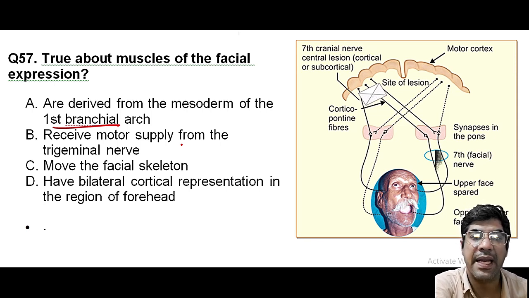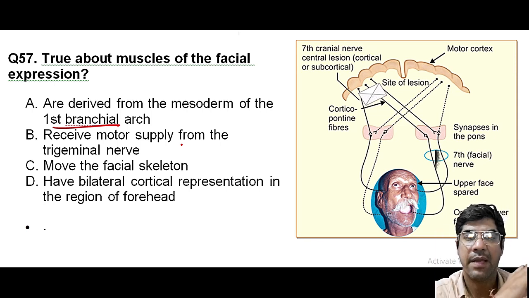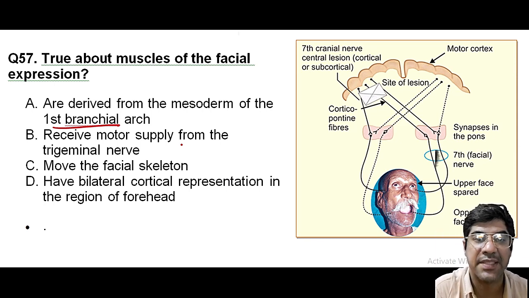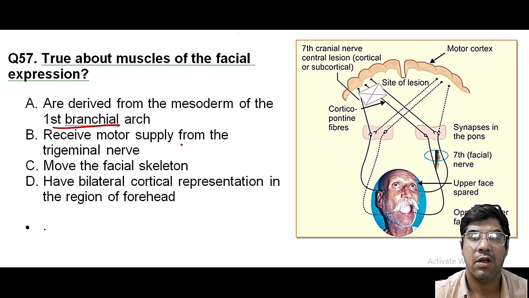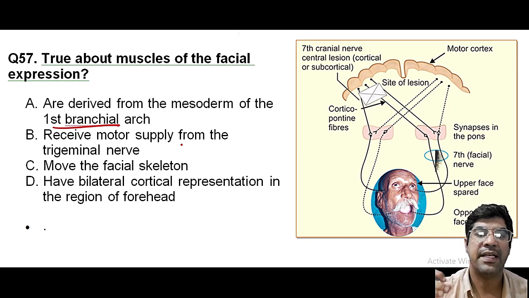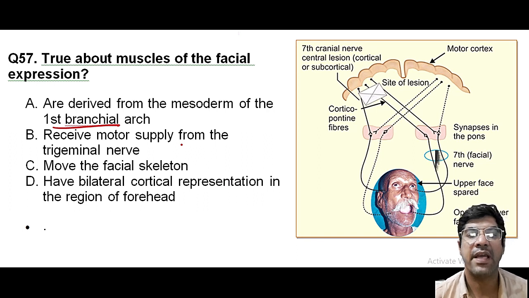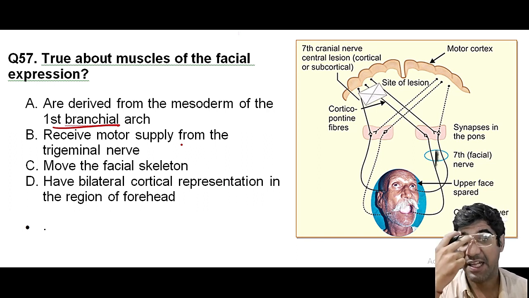This is why you can independently raise either your right or left eyebrow and make different facial expressions. So the bilateral cortical representation in your brain allows fine control over the muscles of facial expression, especially in the forehead region.